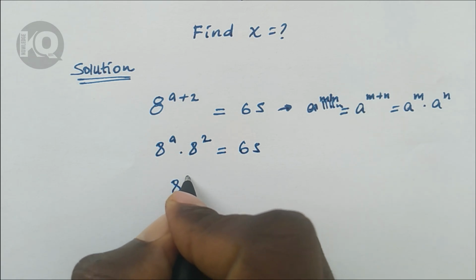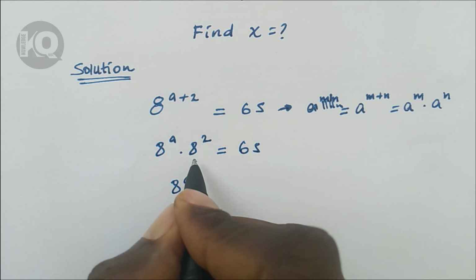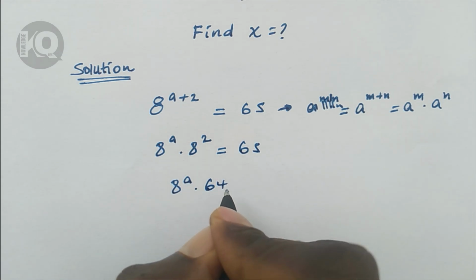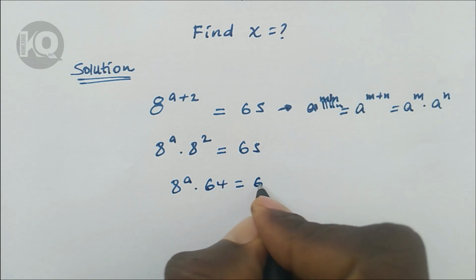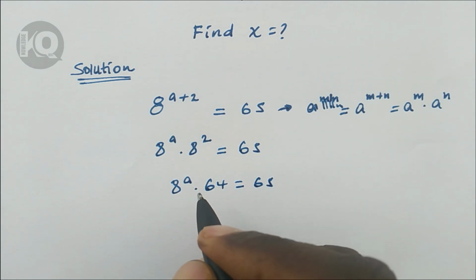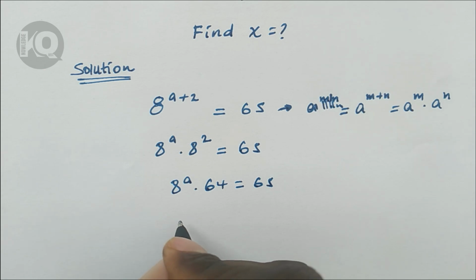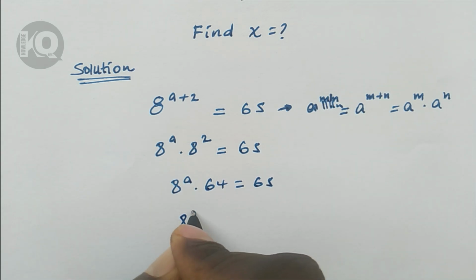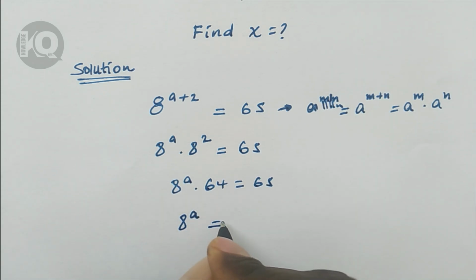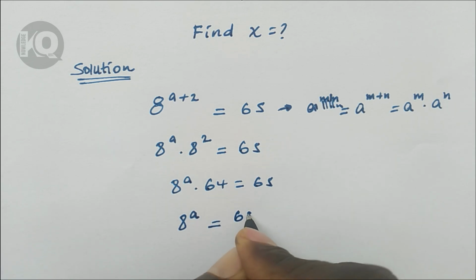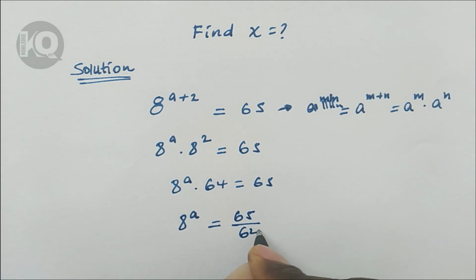Then 8 to the power of x times 8 squared, which is 64, equals 65. Then divide both sides by 64. It will be 8 to the power of x equal to 65 divided by 64.